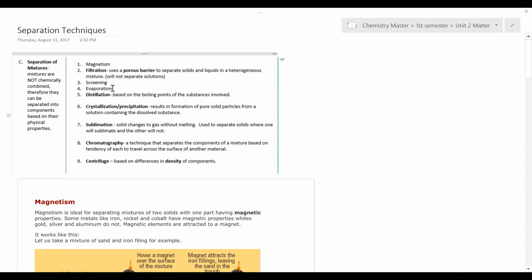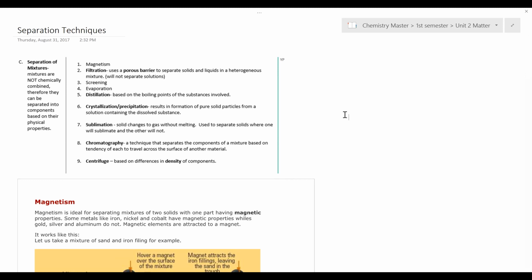This is kind of cool if you think about it. Evaporation and sublimation are separation techniques, but what else are they? What's the other thing we studied? Starts with a P, 2 words. There was sublimation, evaporation, freezing, melting.